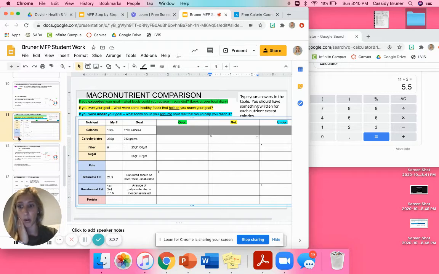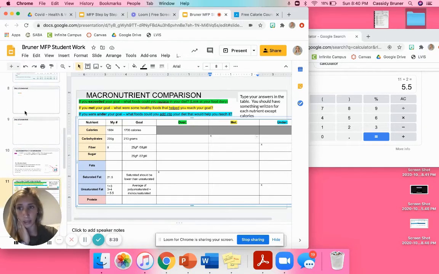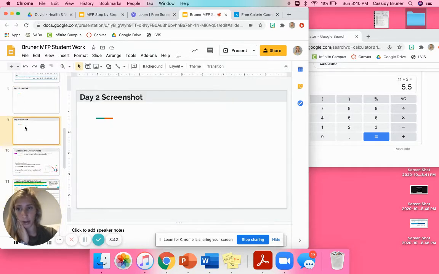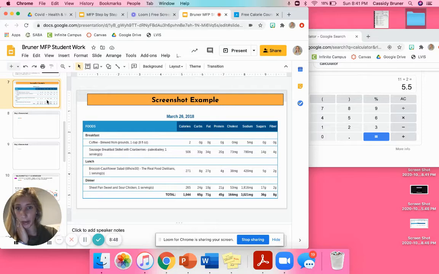You guys are going to be going back to the screenshots that you did. Obviously, I don't have them here. But you're going to go back to those screenshots and look at what you ate that helped you reach that goal. So I can see on this day, what did I eat that had carbs in it? This isn't actually mine, this is just an example.